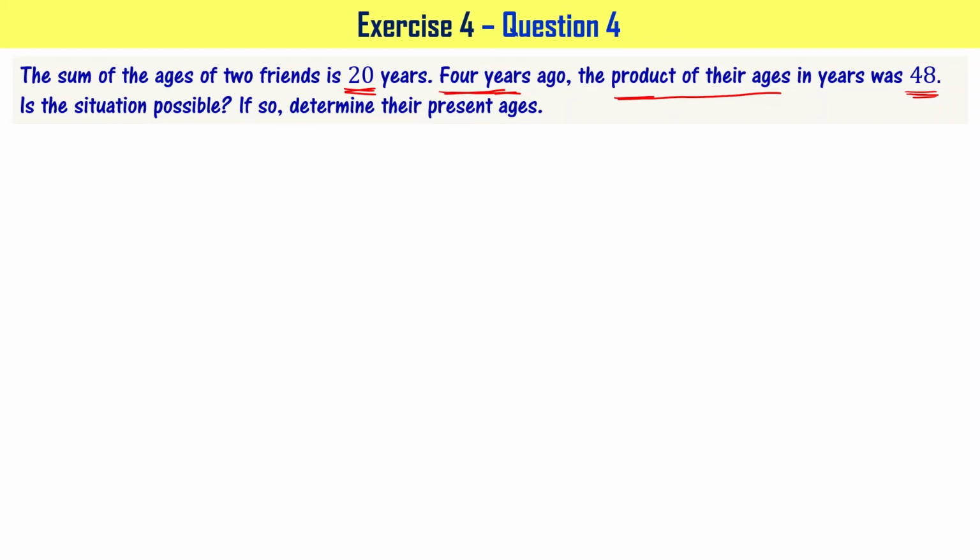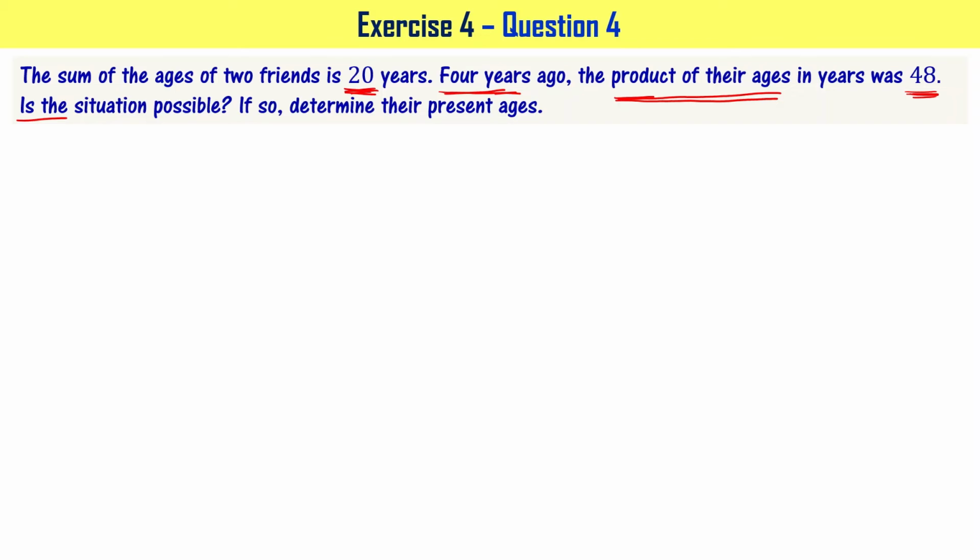What we have to do is write a quadratic equation for the given statements, right? Sum of the ages of two friends is 20 years and 4 years ago the product of their ages is 48. Using these two statements, we first write the quadratic equation. Then, is the situation possible? This we answer by finding the value of the discriminant of the quadratic equation, right?